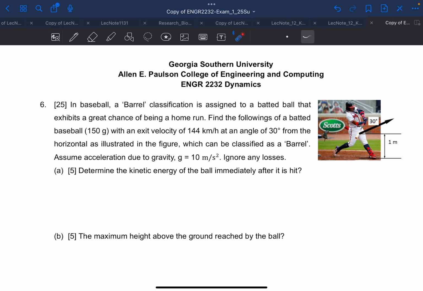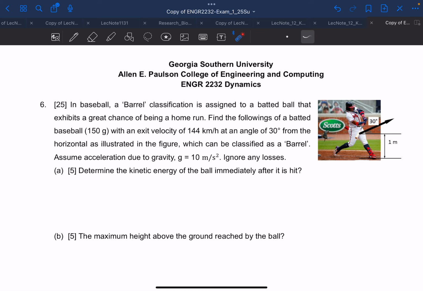Find the following for a batted baseball, 150 gram, with an exit velocity of 144 kilometer per hour at an angle of 30 degree. This is classified as one of the barrel hits. And here we assume the acceleration is 10, and we ignore all other weird losses or practical things that we see in real life.